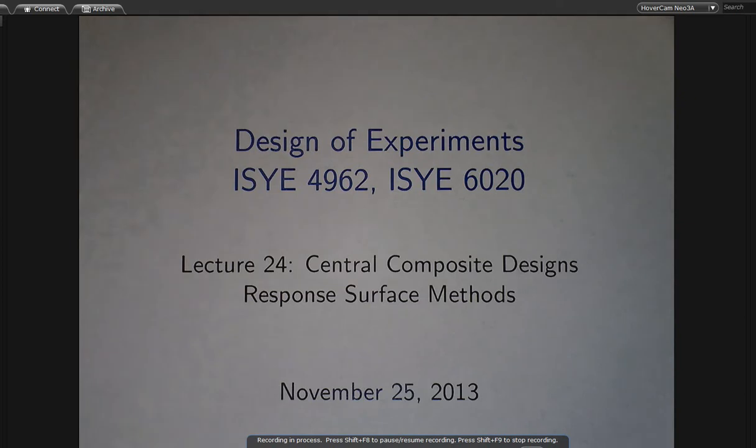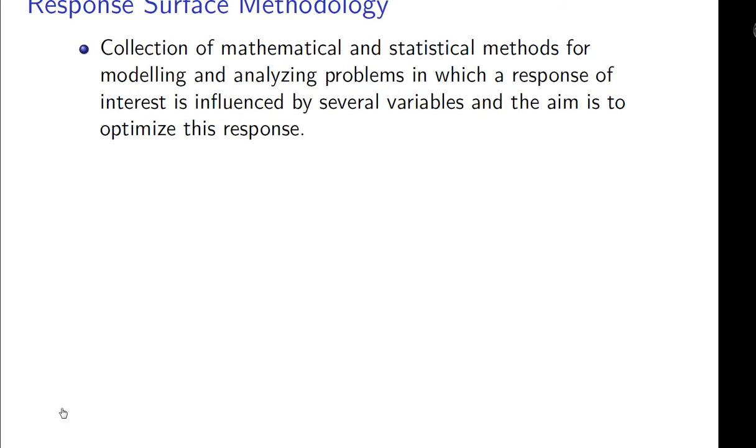This is part 2 of lecture 24, in which we'll talk about the theoretical background for response surface methods. Now, I asked a couple of weeks ago for you to start to think about experimental design in a slightly different way.